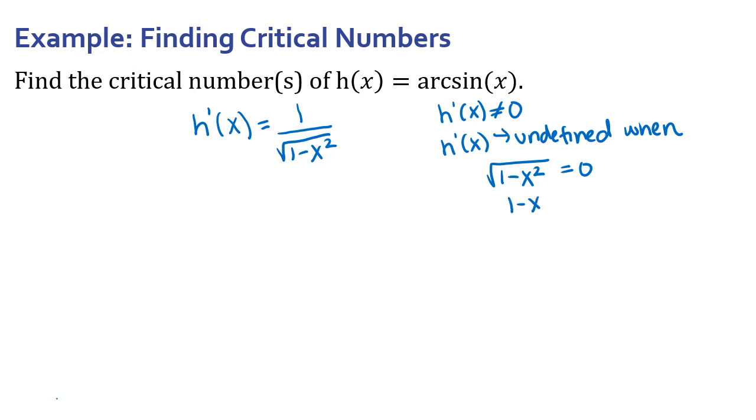We'll be left with 1 minus x squared equals 0 squared, which is 0. Let's move that x squared over to the right-hand side, and then we'll square root. And don't forget, when you square root, it's always plus or minus. So we would say that there are critical numbers for this function at both +1 and at -1.